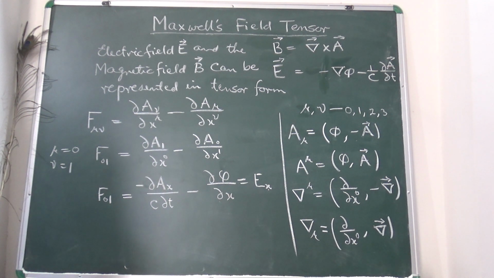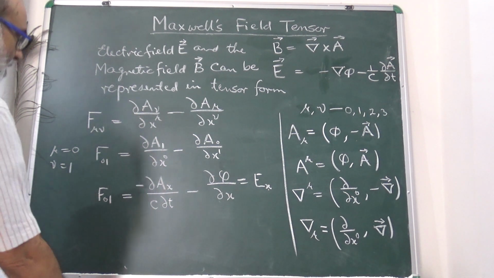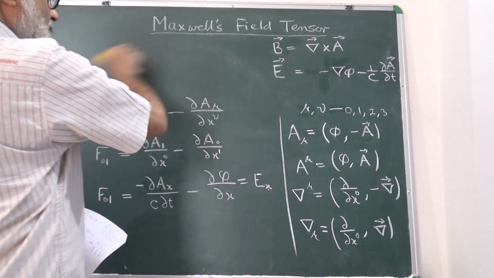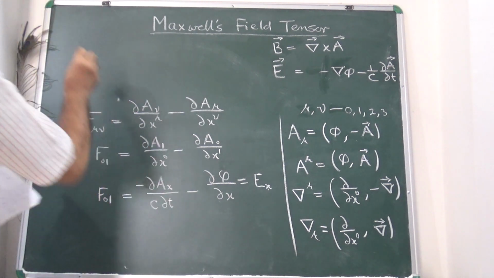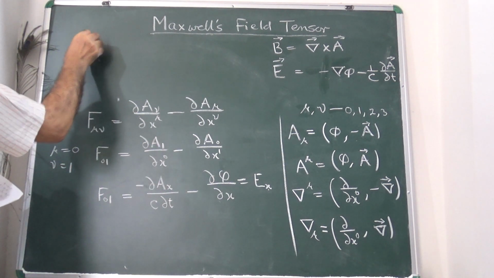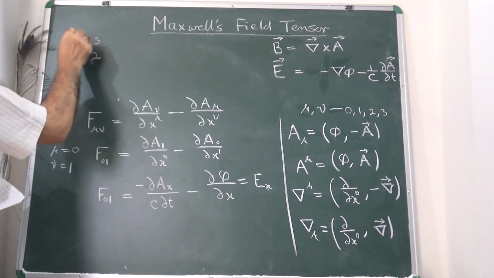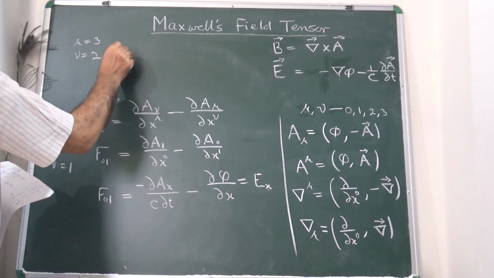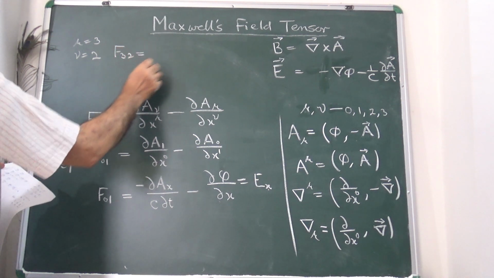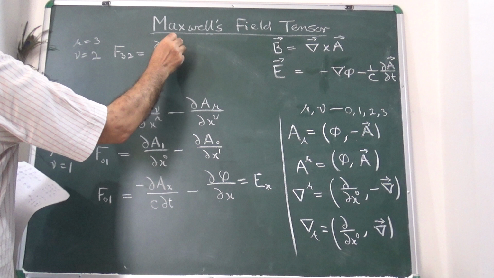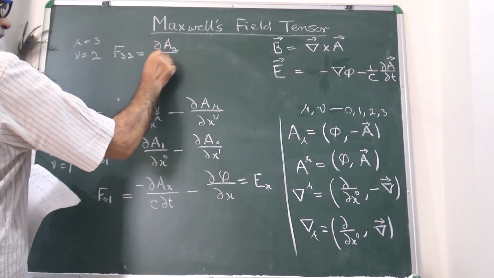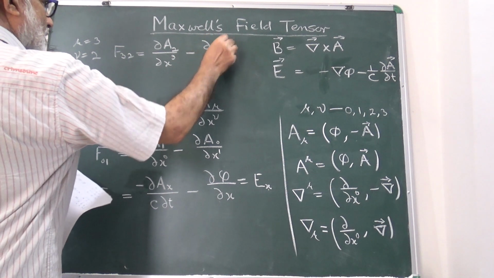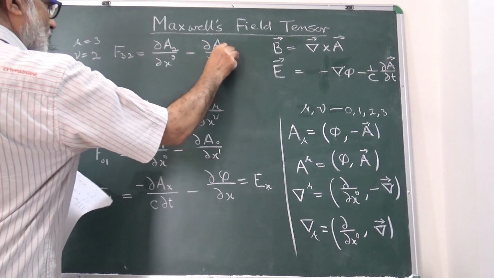Now similarly, suppose mu as 3 and nu as 2. So it will be F32, which is del A2 by del x3 minus del A3 by del x2.